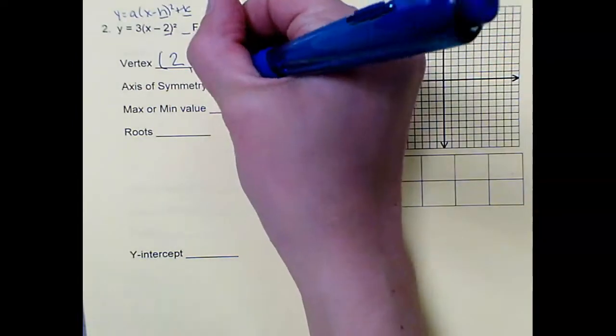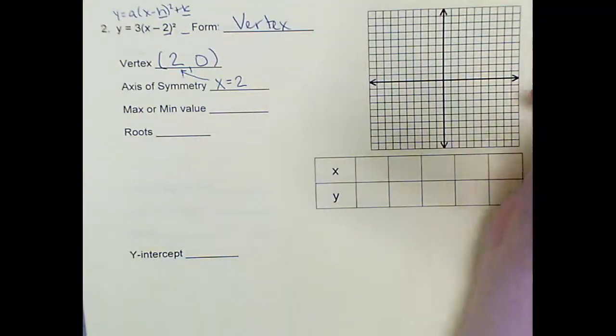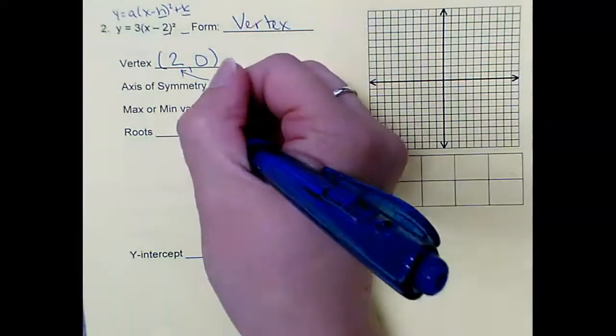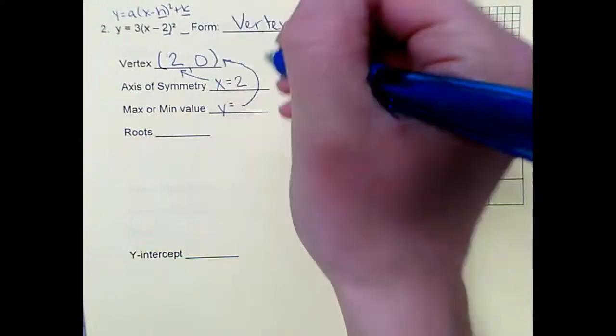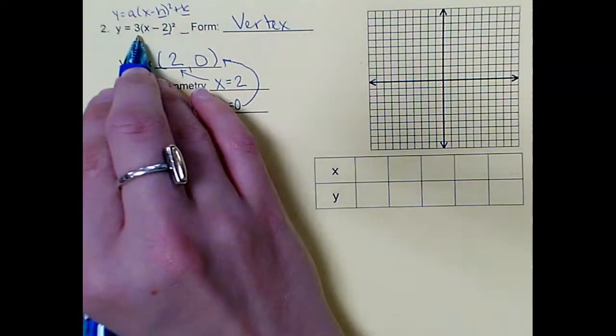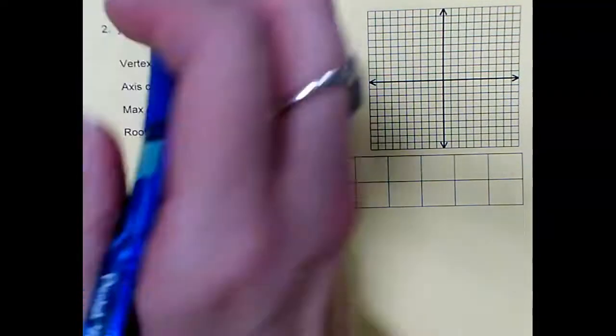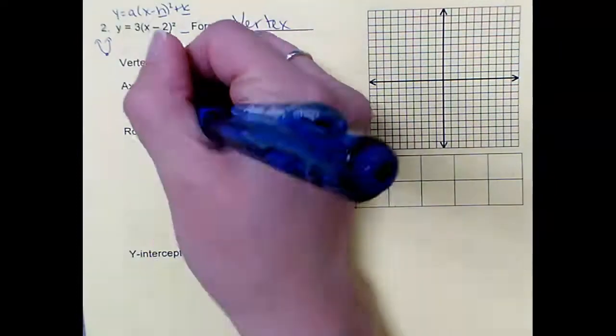Remember, the axis of symmetry is x equals the x value of the vertex. The maximum or minimum value is y equals the y value of the vertex. Is this graph going to open up or is it going to open down? Since a is positive, it's going to open up. And if it opens up, that means the vertex is all the way down there. It's a minimum.